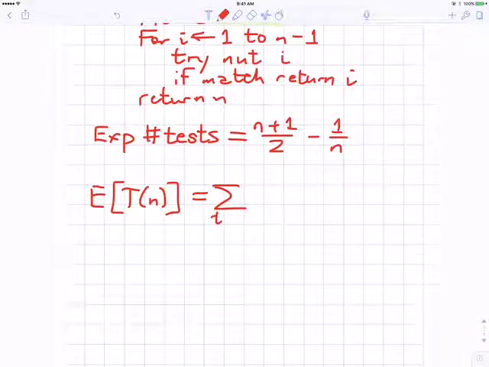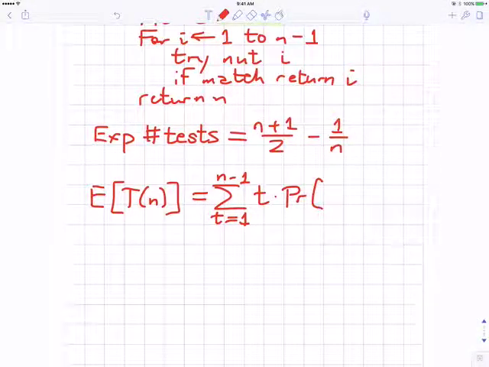expectation, which is that I sum over all possibilities for the number of tests of t times the probability that my running time is actually t. If I knew the probability that the algorithm performed exactly t tests, I could plug it into the summation and then do some math, which we all know how to do.